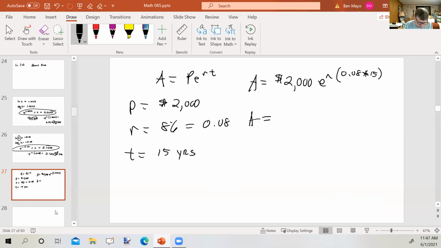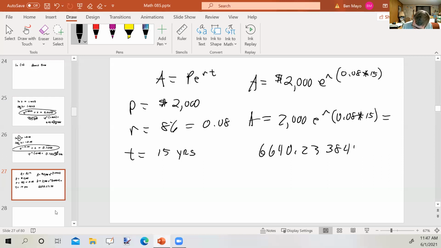So I've got 2,000, and then second ln, so e to the, and then inside of there, 0.08 times 15, close it up with a parentheses and push equals: 6640.233845.